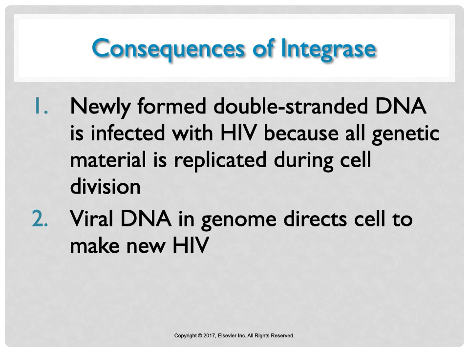So one of the consequences of integrase is that we get a newly formed double-stranded DNA that's infected with HIV, because all the genetic material is replicated during cell division. And protease, which is the other one that I couldn't think of just now, is another enzyme involved in the replication process. It breaks the newly formed strands of HIV genetic material into smaller pieces.